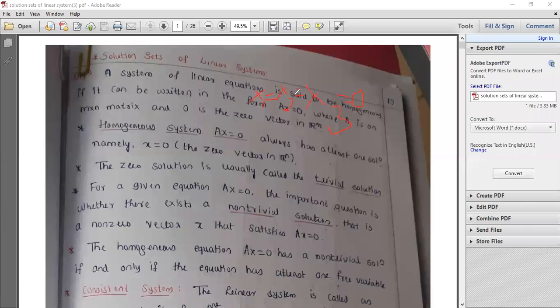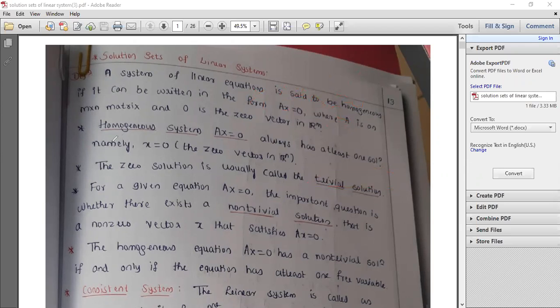By substituting the x1, x2, x3 values as 0, you get the right hand side equal to 0, that is Ax equal to 0. So this will be a trivial solution, meaning it is always possible. Always it is true. That is the meaning.